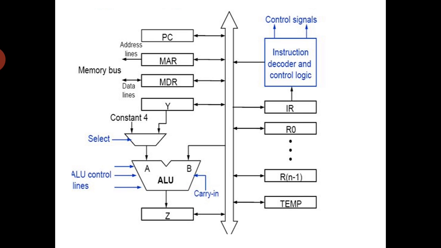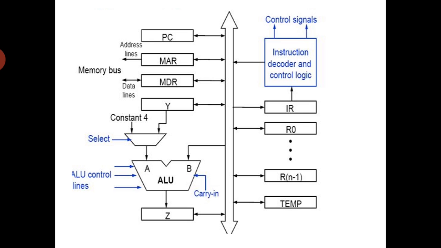This is how the operands are transferred to the ALU and how the ALU performs the operation. After performing the operation, the ALU will store the result into the Z temporary register by activating the Z in control signal.